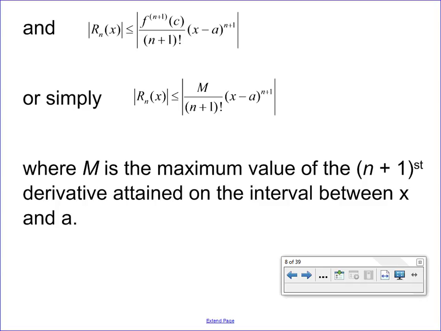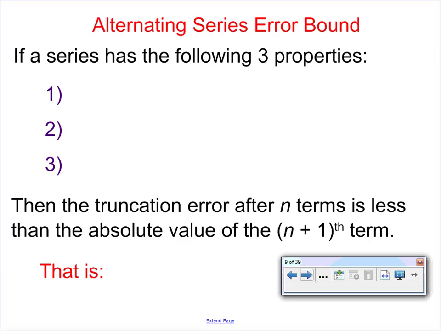Or simply rewritten with M being the maximum value of the n plus first derivative attained on the interval between x and a. The thing is that can be kind of sticky because we have to, through inspection, sometimes say how we could maximize the value of that derivative based on the interval in which we're looking. That might purposely include picking an x value so that we can make that derivative as big as possible, just to guarantee that our error is within that bound.